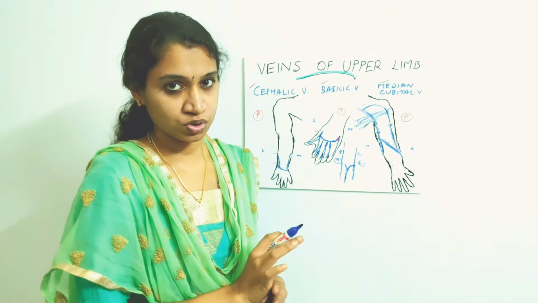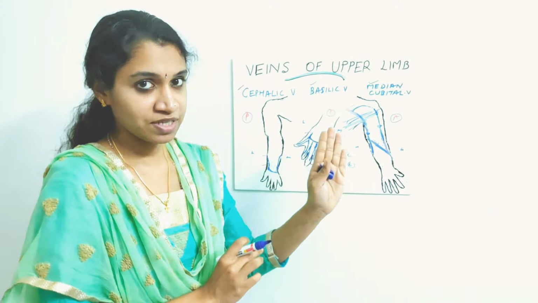So that's its course. In the deltopectoral groove we have seen, after that it pierces the clavipectoral fascia, takes a sharp turn backwards at an angle of 90 degrees. It is finally entering the axilla, and it is draining into the axillary vein. So this is the course of the cephalic vein.